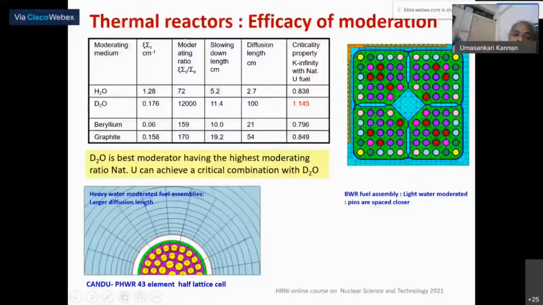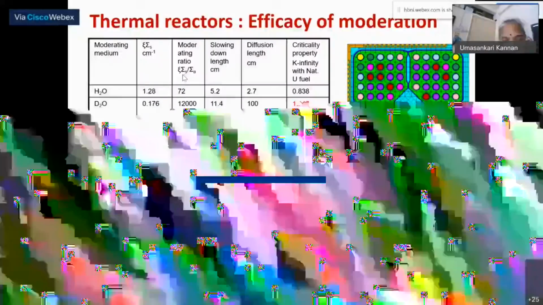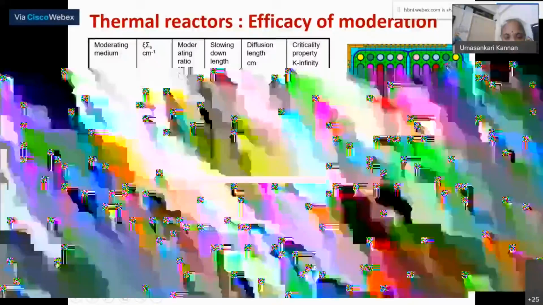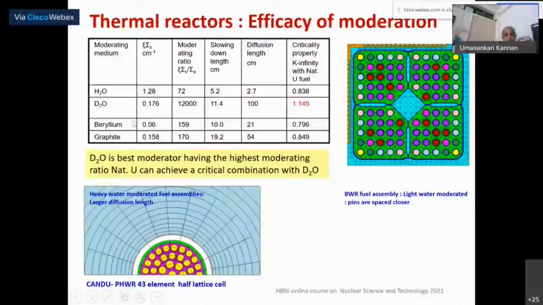We require something called a moderating ratio, which is given by the formula xi sigma s by sigma a. So this is called the moderating ratio. And here you can see that for heavy water, the moderating ratio is very, very high. So we would like to use heavy water as moderator for thermal systems.